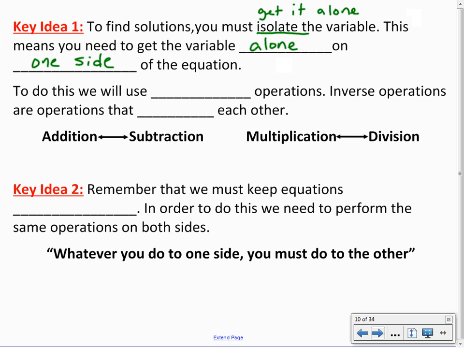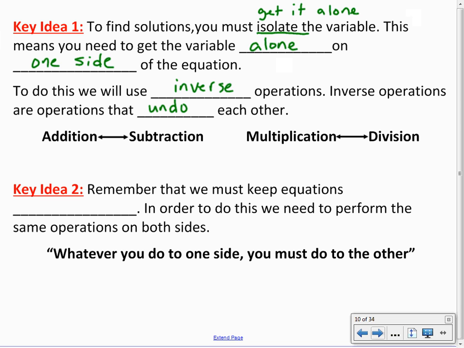So to do this, we're going to use something that we call inverse operations. Inverse operations are operations that undo each other. So for example, addition and subtraction are inverse operations. Multiplication and division are inverse operations.